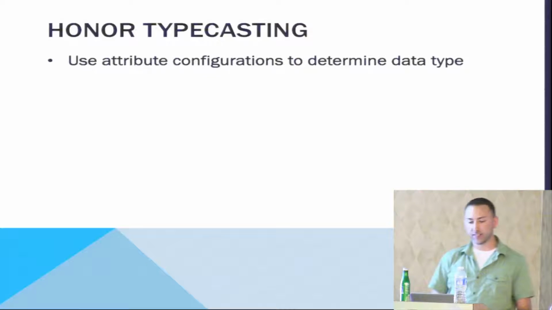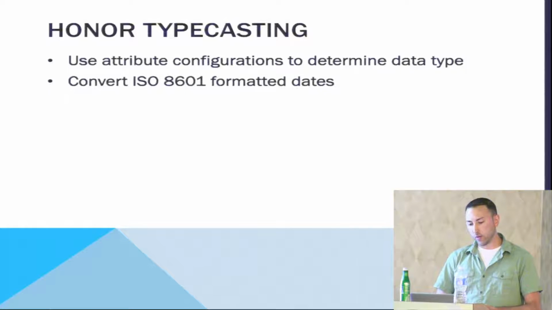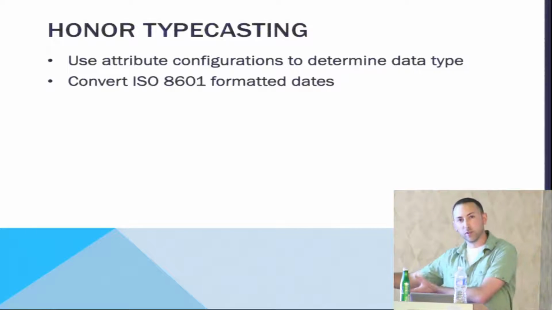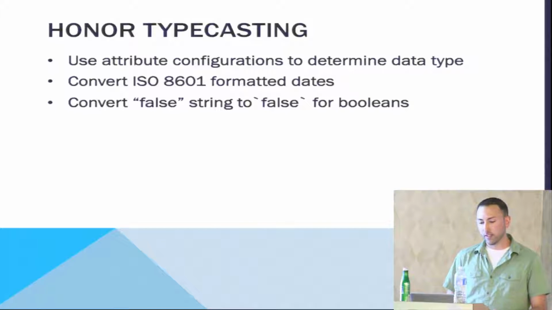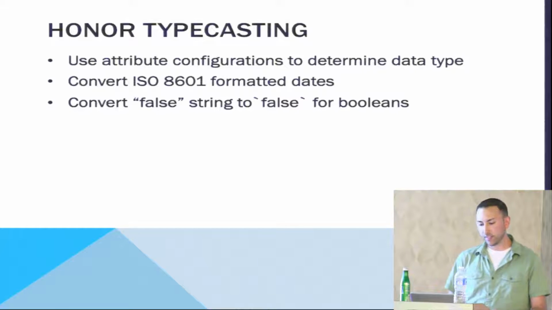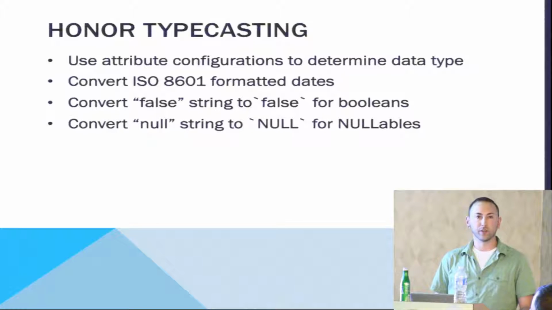We also use it to honor typecasting. So what happens is ISO 8601 formatted dates go into the proper format that the database needs. False strings are converted to literal falses. Null strings are converted to literal nulls.